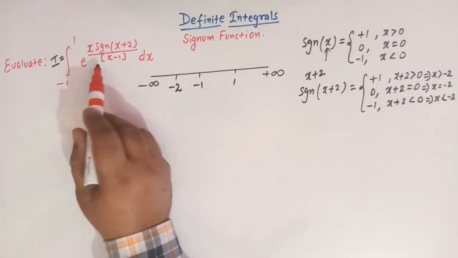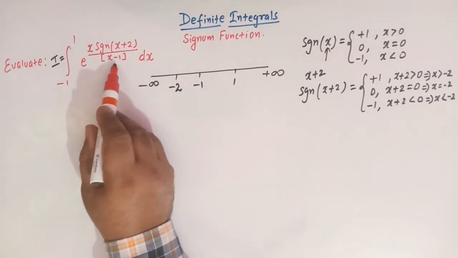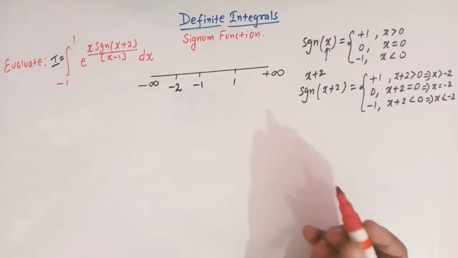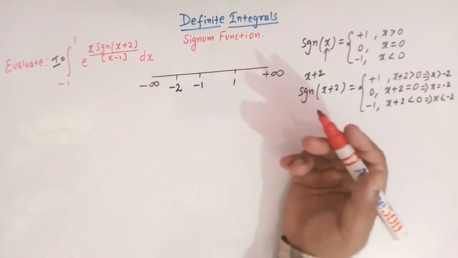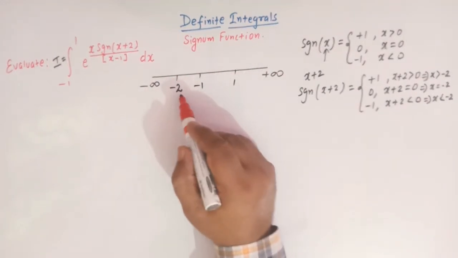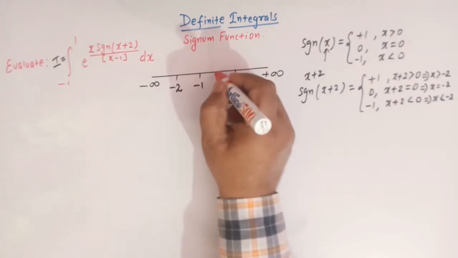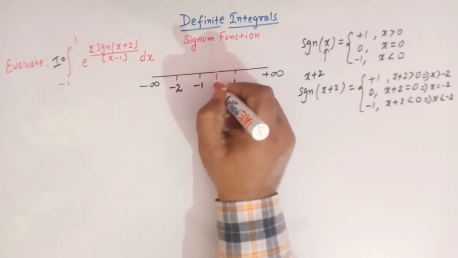Now we have the greatest integer of x minus 1, right? Whenever we have the greatest integer function, we deal with integers. Between -1 and 1 we have 0 as the integer, right?